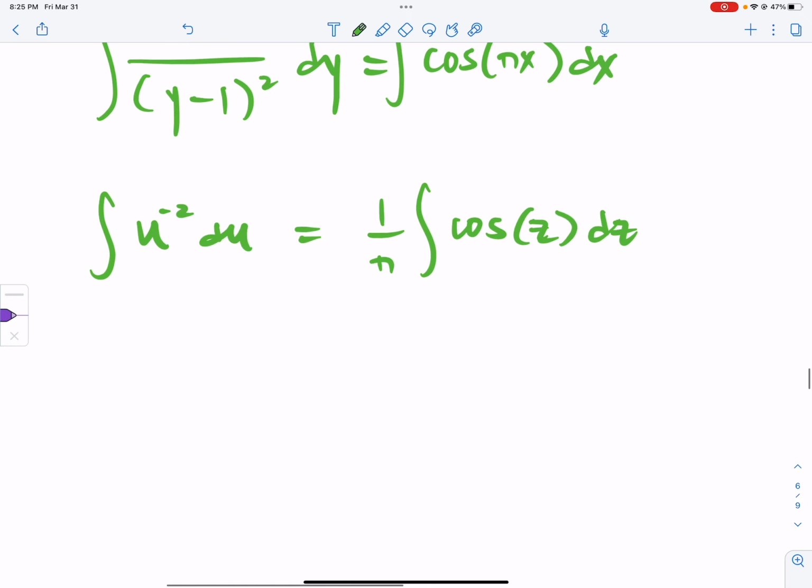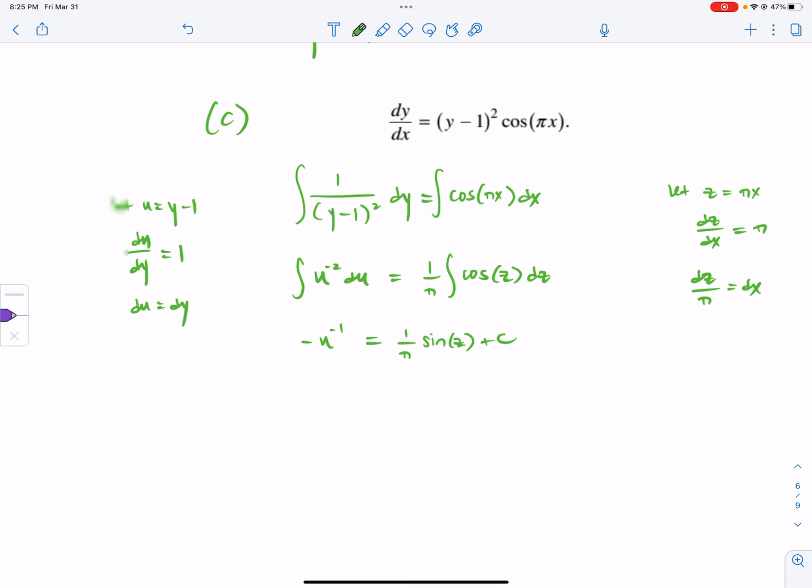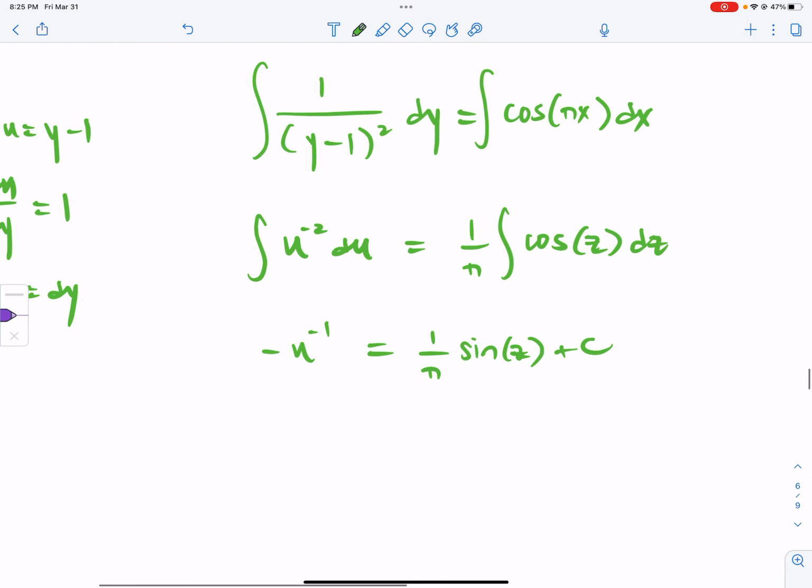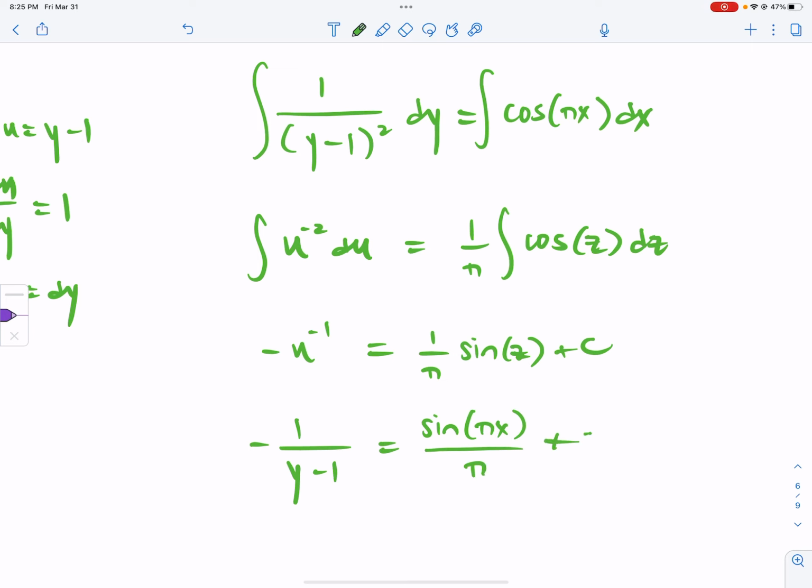So integrating on the left-hand side, that'll end up being negative u to the -1. And then when we integrate cosine, that'll be 1 over pi sine of z plus c. And then we need to remember to substitute back in. So -1 over y minus 1 equals 1 over pi sine of pi x plus c.